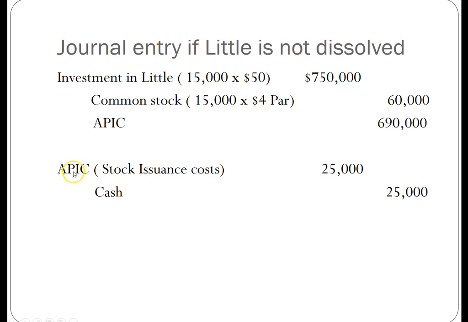We're also going to reduce additional paid-in capital by $25 and reduce the cash of the parent by $25. So now we can determine what the balances will be at the time of the purchase so that we can do working papers to figure out consolidated financials.